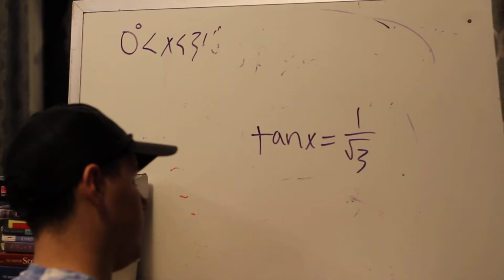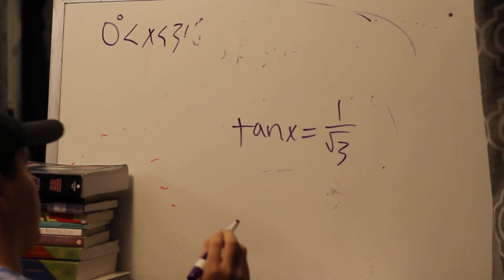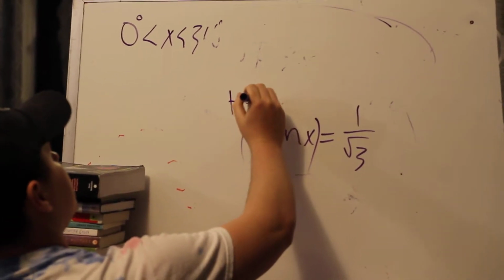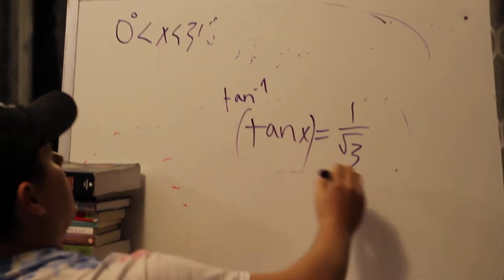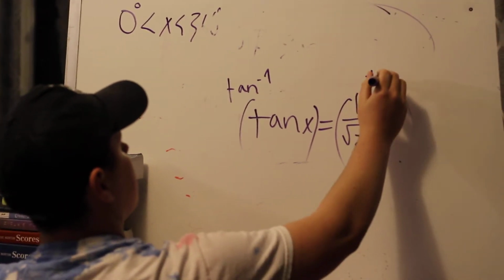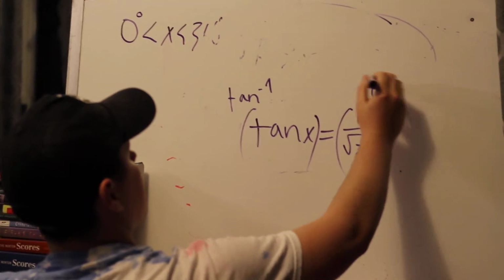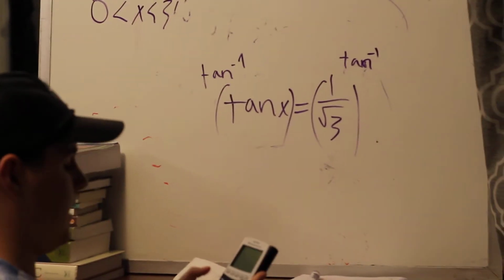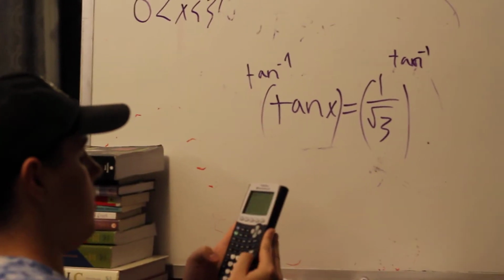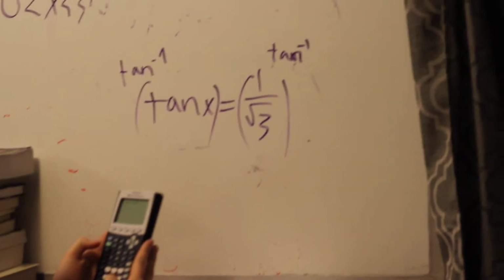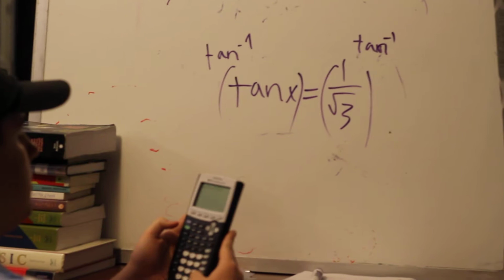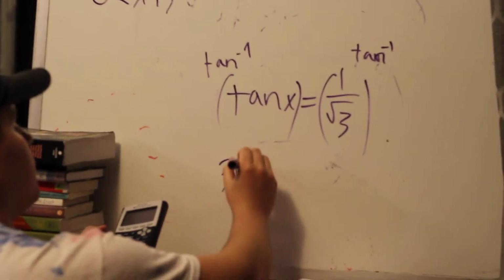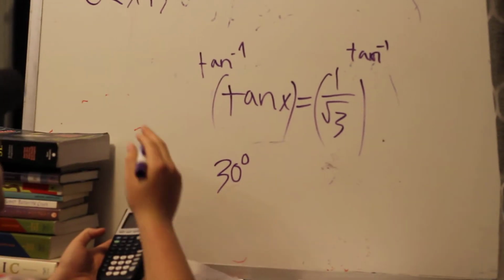Then from there, we can take our calculators and do inverse tangent on both sides. Inverse tangent of 1 over square root of 3 gives us 30, as in 30 degrees, because we are in degree mode.